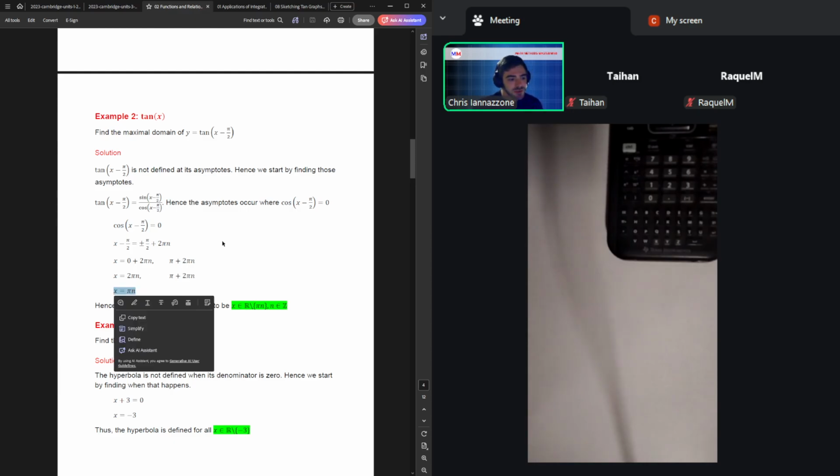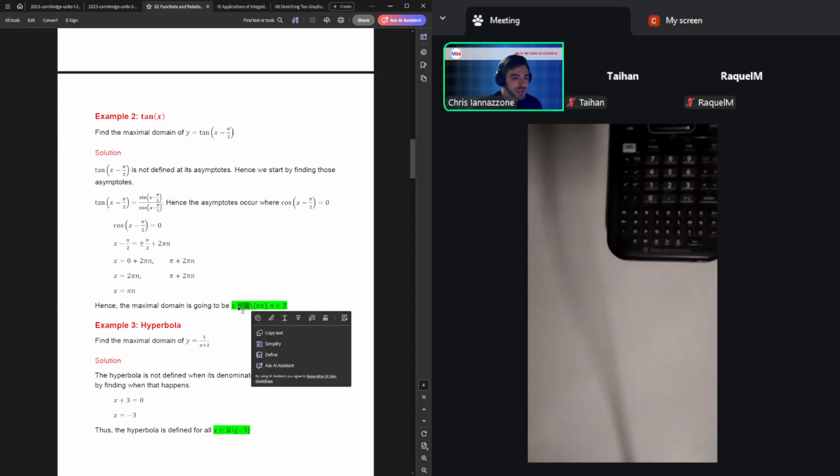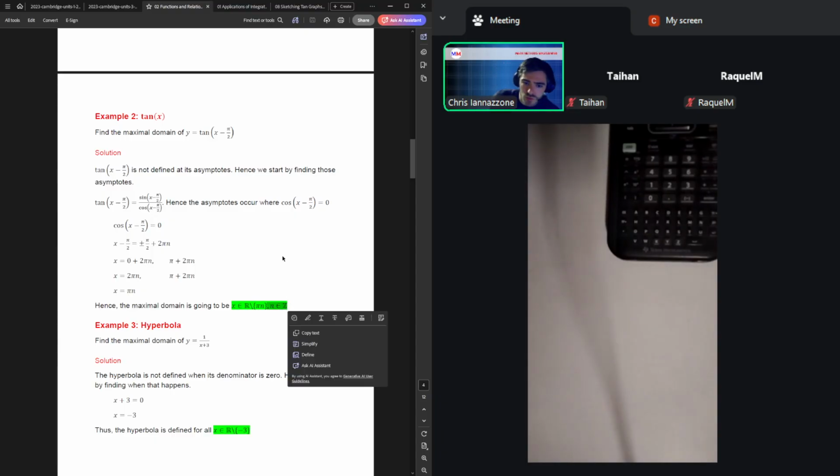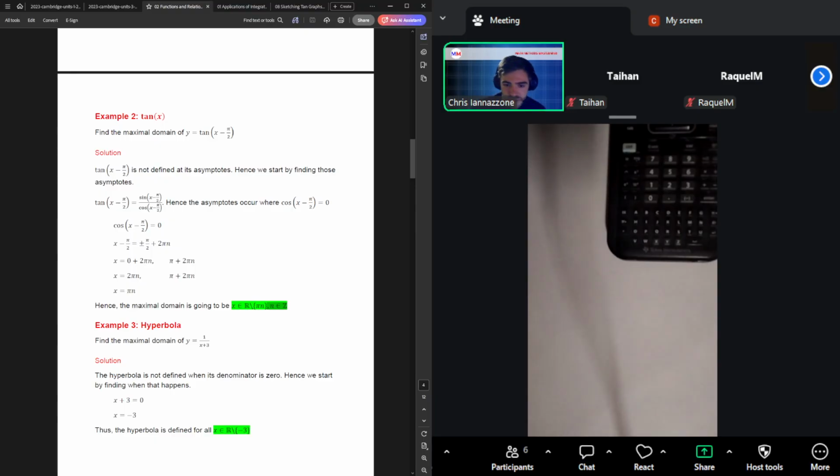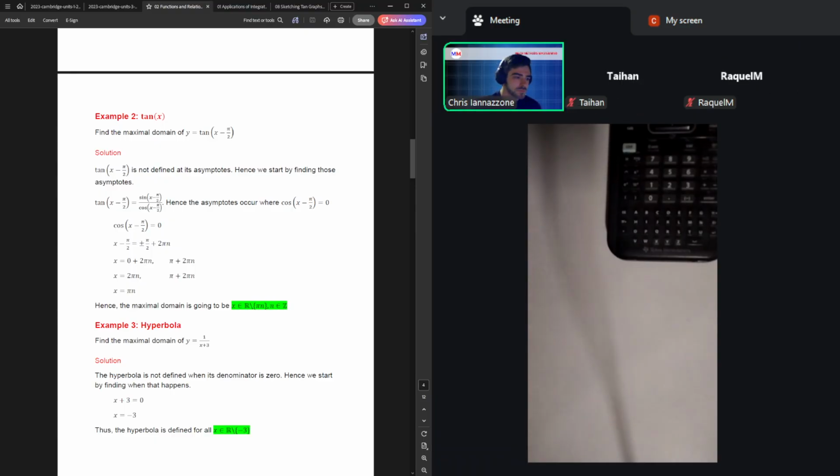As a reminder, this is where we have the asymptotes, which means it's what we're excluding from the domain. So it's going to be x is an element of all real, excluding this. Just keep in mind that when you do introduce new variables, you want to make sure that you're giving them some sort of definition or restriction to make it clearer what n actually is, which in this case is going to be an integer.